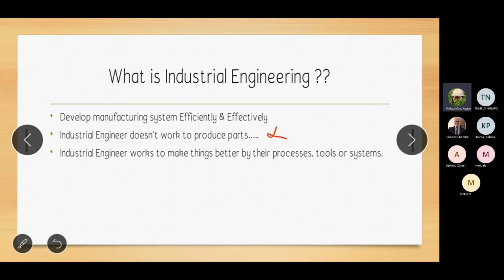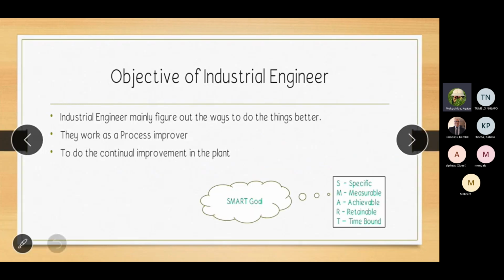It is an industrial engineer who is work for improvement or work to make things better by their processes, tools or systems. Like the main tools of industrial engineering, like we can say the lean manufacturing. So we will later on the next training we will discuss about the lean manufacturing. So then we will talk about the objective of industrial engineer.